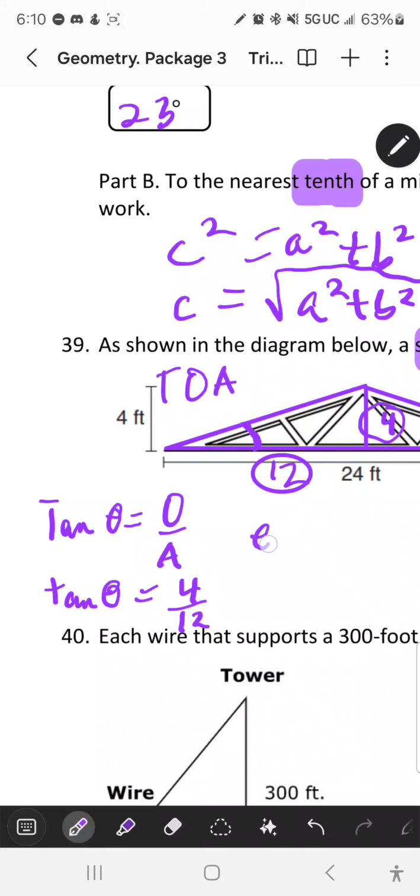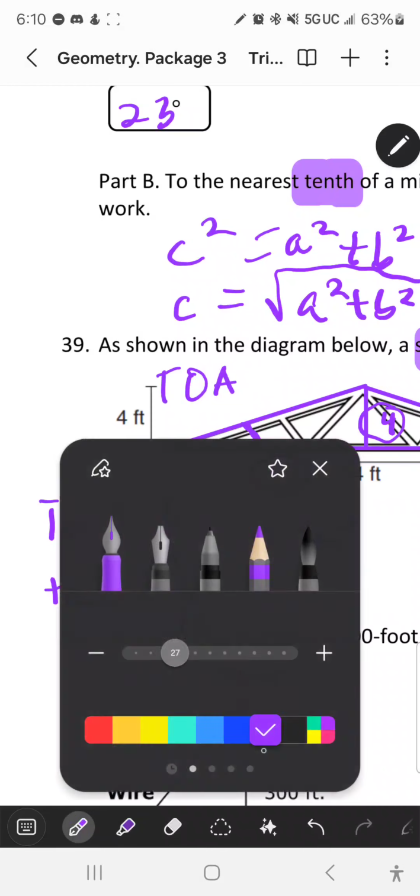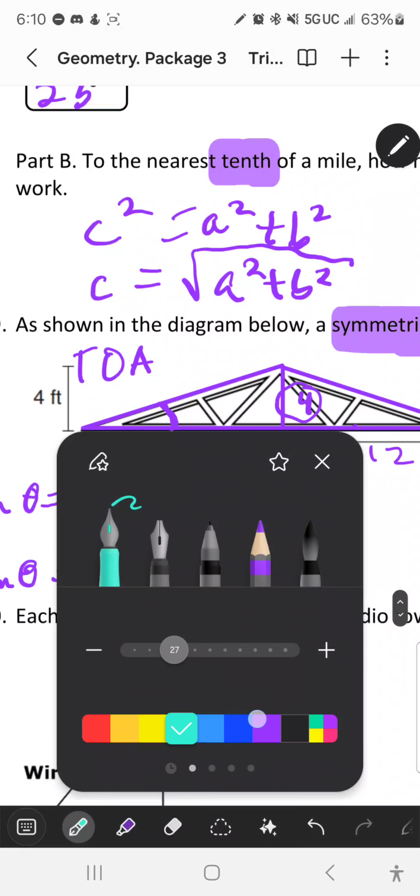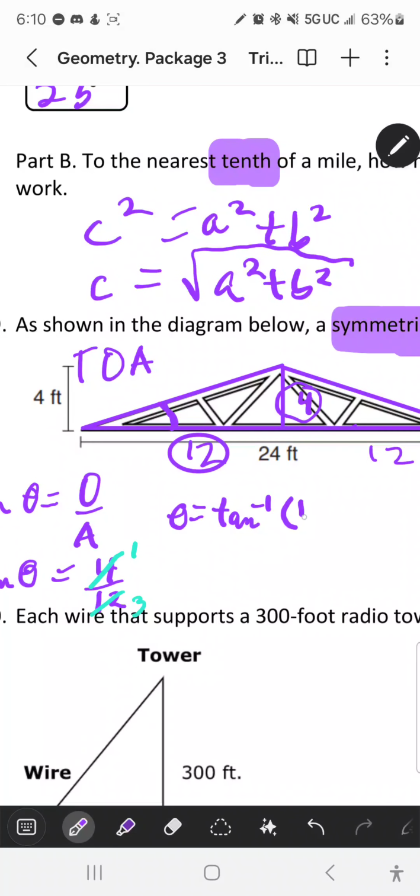Now, if I want to calculate the angle, I know the angle will be the tangent to negative 1 of 4 over 12. I can leave it like that and put it in the calculator, or if it's easier for you, you can simplify it. So 4 divided by 4 is 1, 12 divided by 4 is 3. So the tangent to negative 1 of 1 over 3.